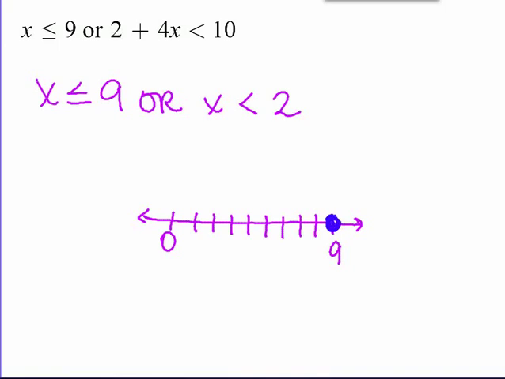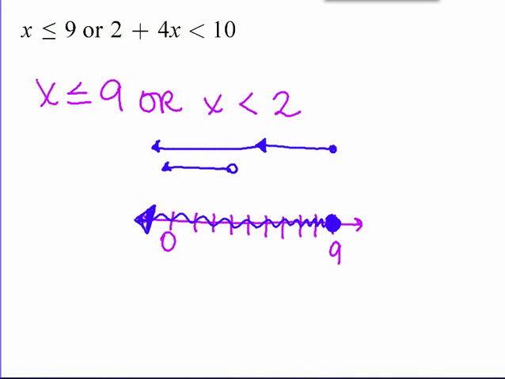This is something you could do on your homework if you didn't want to draw 3 lines: x is less than or equal to 9 looks like this, and x is less than 2 is going to look like this. If you extend them and combine them, that's what you're going to get. So you could do 2 little lines instead of having to draw out 3 big lines.